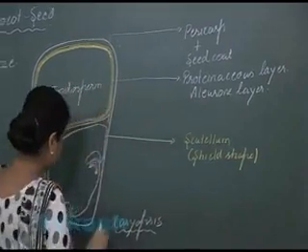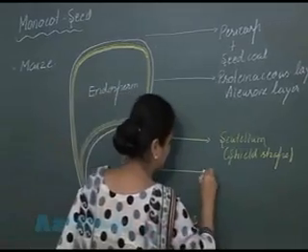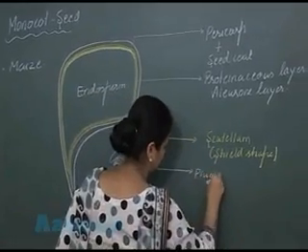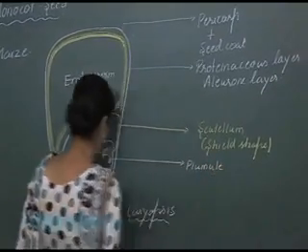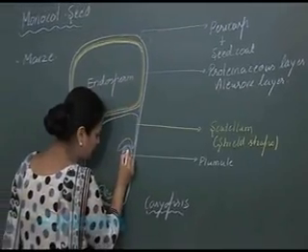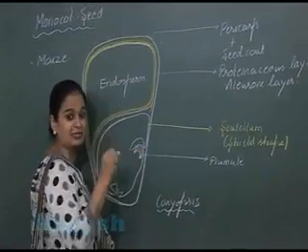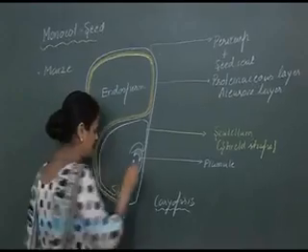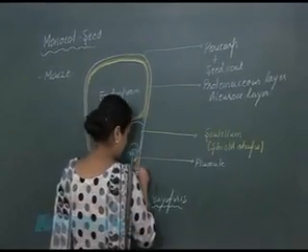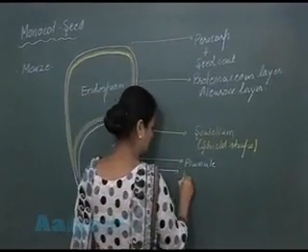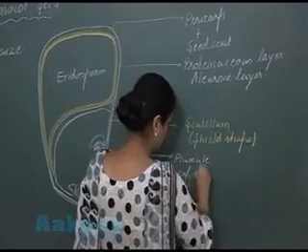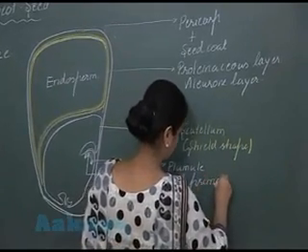Right? This part which I have made here is the plumule, and the parts present above the plumule are immature leaves, or you can call them leaf primordia.